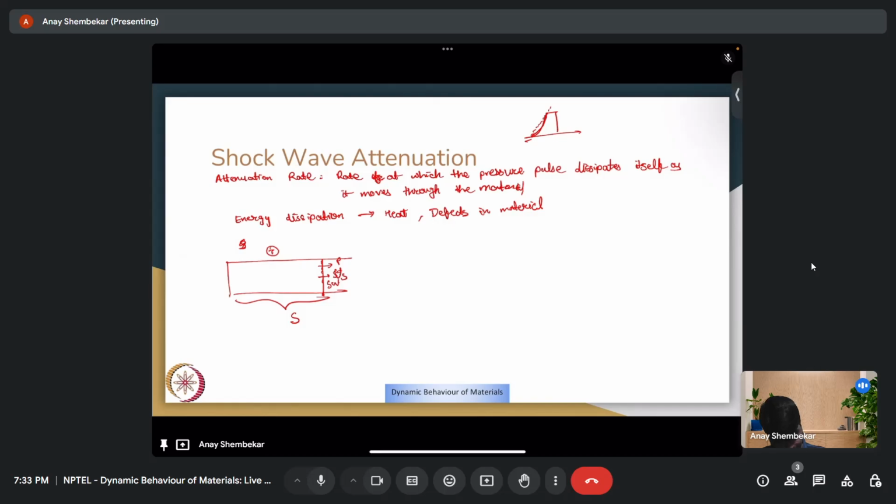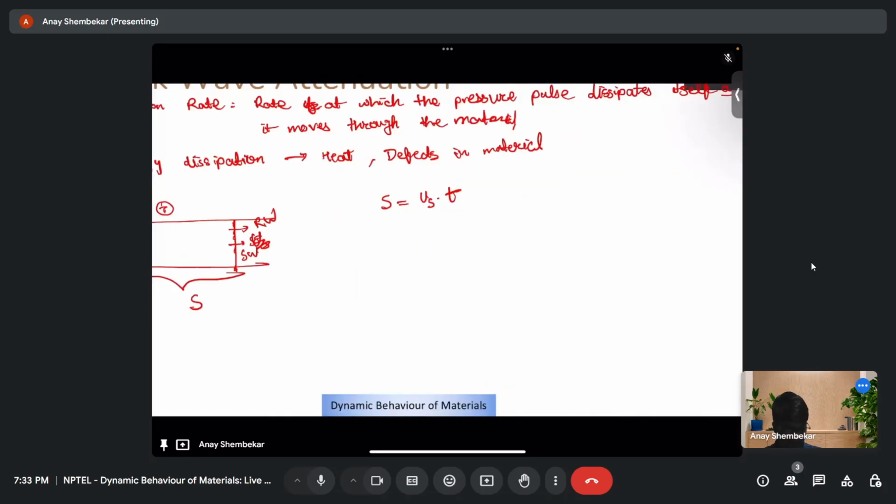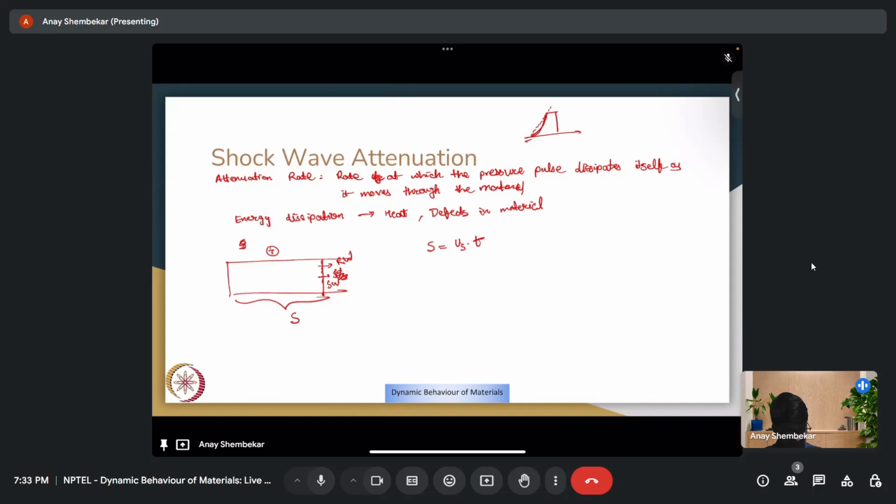So we've got the shock wave and release wave. The distance traveled by the shock wave, S, is US into T. In the same time, you have UP plus C naught, S plus X is UP plus C naught into T.